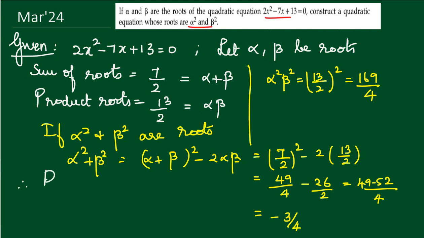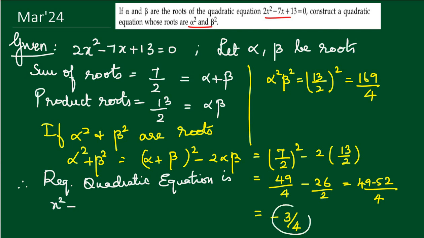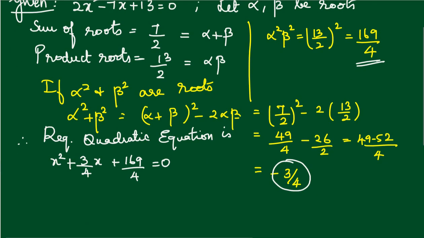Therefore, the required quadratic equation is x squared minus the sum of the roots, that is minus of minus 3 by 4, which gives plus 3 by 4 x, plus the product of the roots 169 by 4, equal to 0. It can be further simplified by taking the LCM and written as 4x squared plus 3x plus 169 is equal to 0.